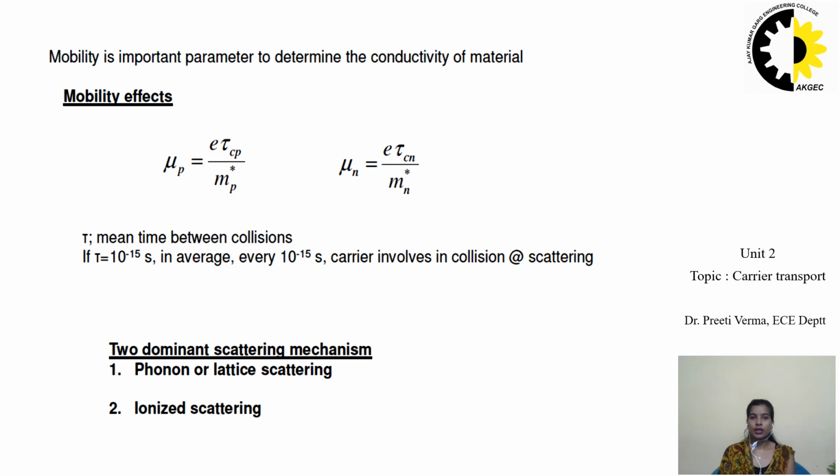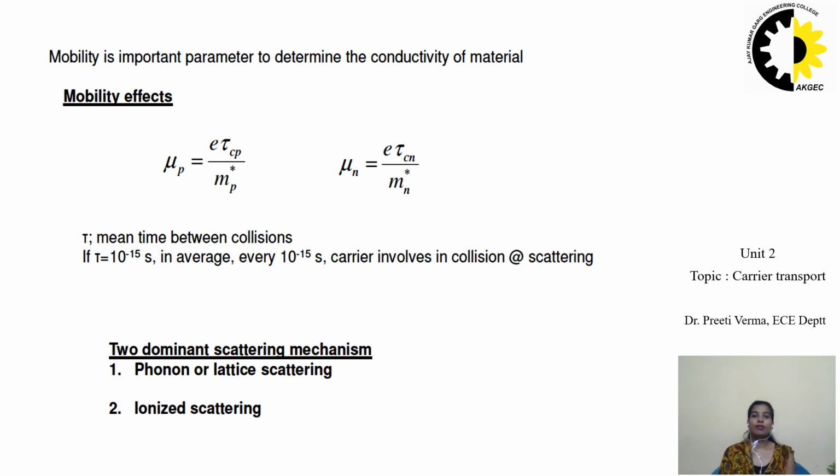So its speed gets degraded, and then again it gains energy due to the electric field. So we have an average speed. Tau represents the mean time between collisions. If tau is 10 raised to the power minus 15 seconds, then on average every 10 raised to the power minus 15 seconds the carrier is involved in collision and scattering.